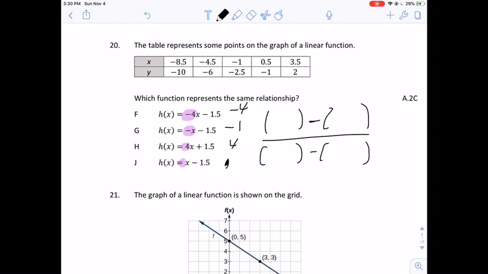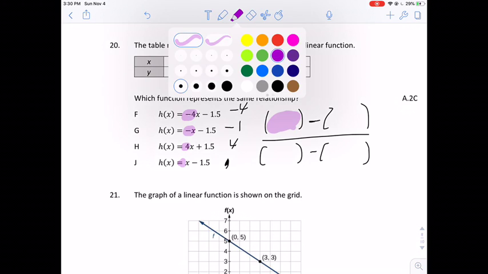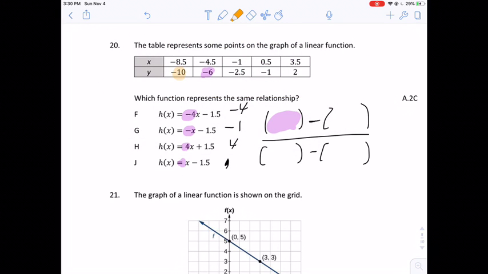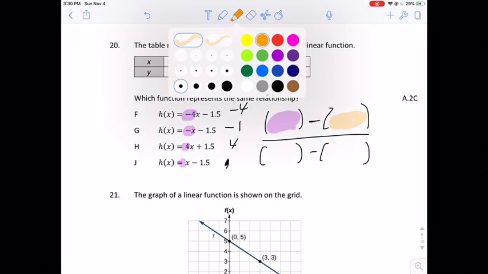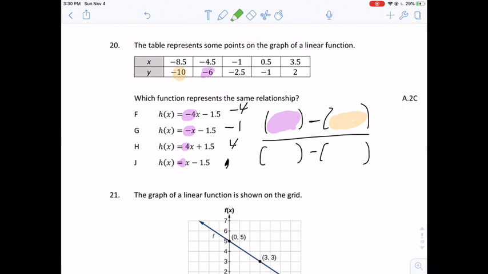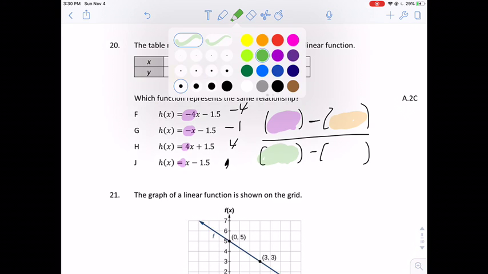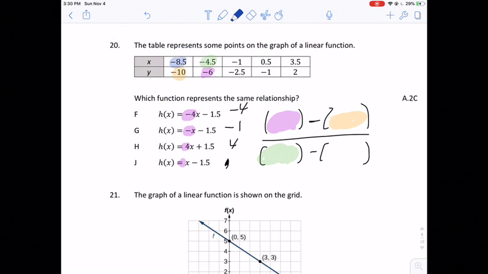I'm going to take a y2, a y1, an x2, and an x1.